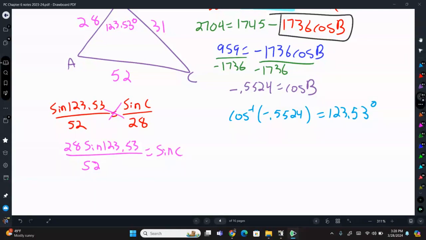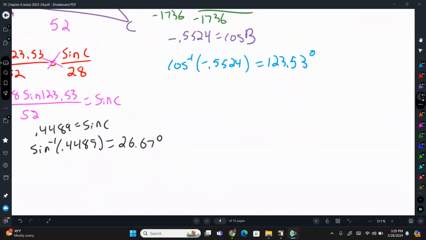This gives me 0.4489. So then we do the inverse sine of that. And we get 26.67 degrees. So now that we have two angles, we can do 180 minus 123.53 minus 26.67.